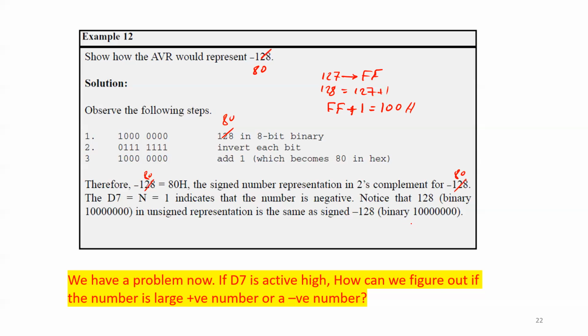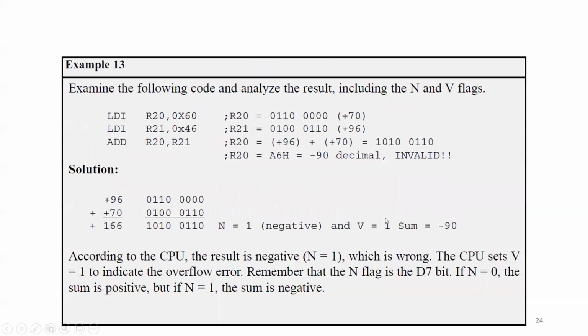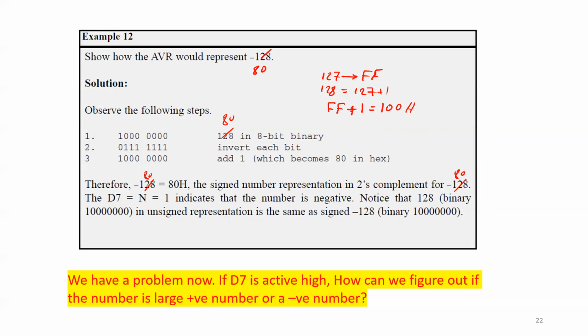Okay, nice. So again, guys, the high bit, the most significant bit, which is D7, was already active high.